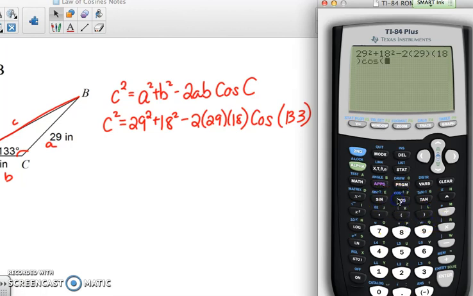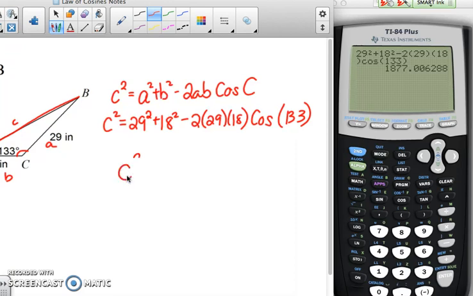Then we're going to add the cosine of 133. Type that all in. We get 1,777. So basically my problem is c squared equals that.